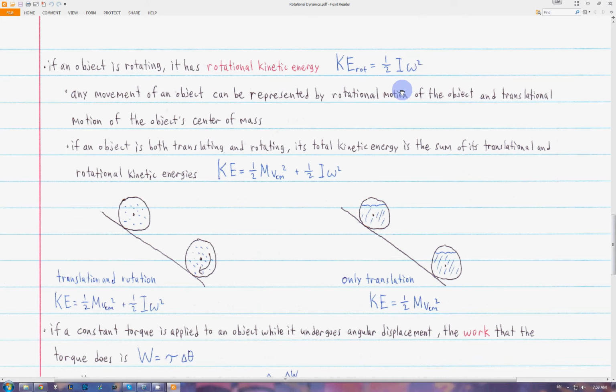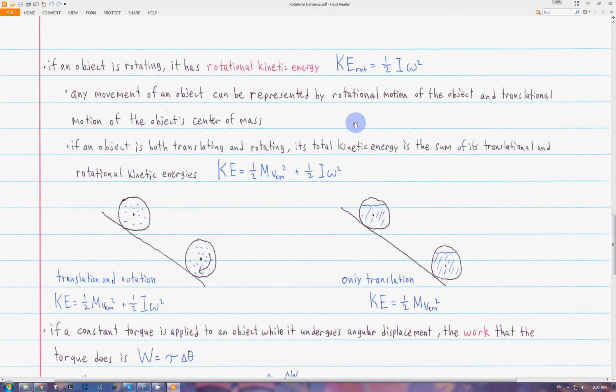quantities. So any movement of an object can just be represented as either a rotational motion of the object or a translational motion of the object's center of mass. And translational motion just means the regular motion, in a straight line.